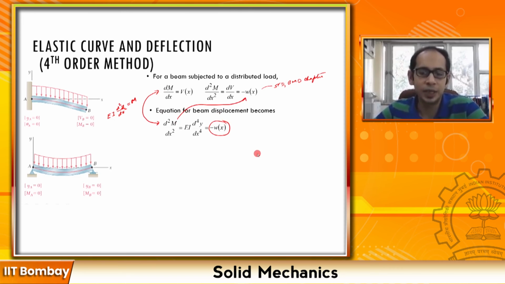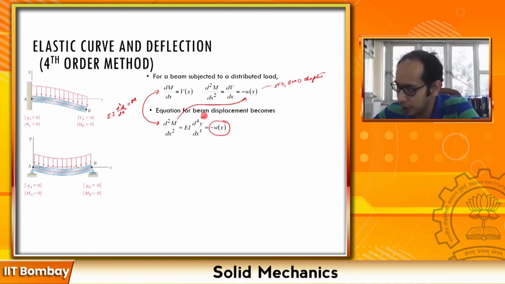So essentially now you have a relationship between the fourth order derivative of the deflection and the distributed load. It all follows from these interrelationships between the moment, the shear and the load.